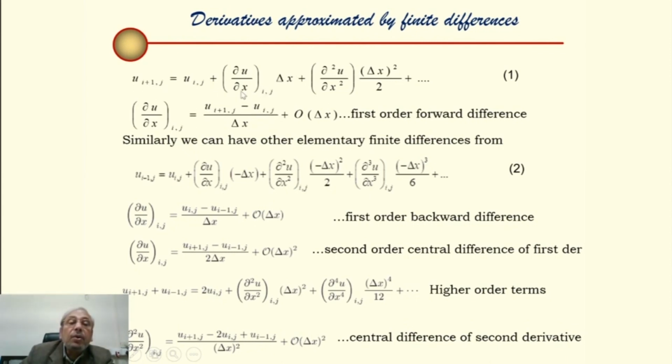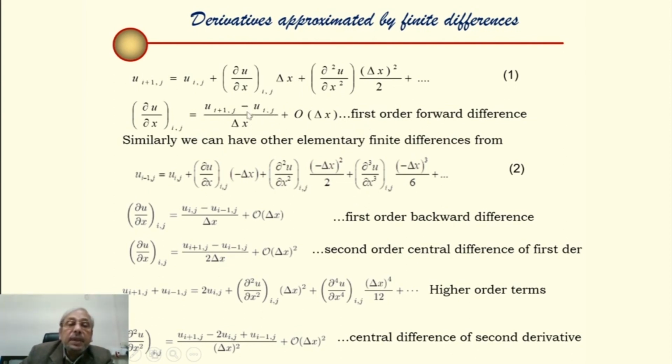We have moved this term to the left hand side, and all other terms to the right hand side, and then we rearrange all these truncated higher order derivatives and higher order terms divided by delta x, because we have taken del u/del x at ij, so all the remaining terms we have divided by delta x.